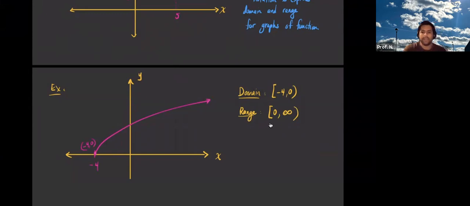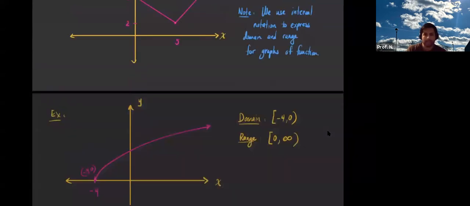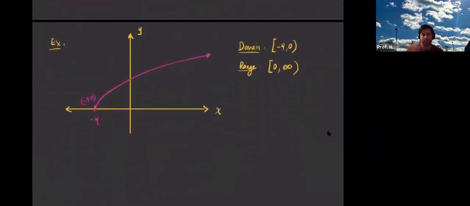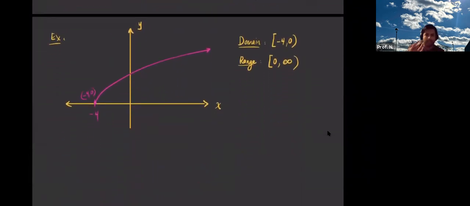Okay. So that's how we're going to be looking at graphs and determining the domain. We're going to be looking at how we can figure out the interval for the x values. So we look at the x-axis for that. And what are the y values associated with?